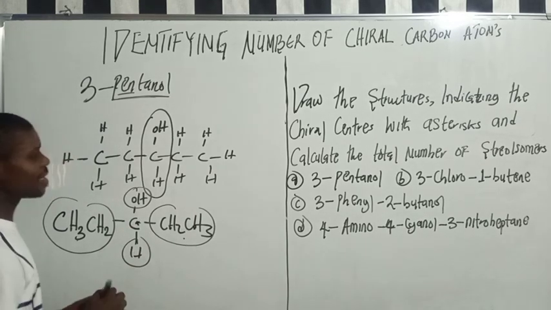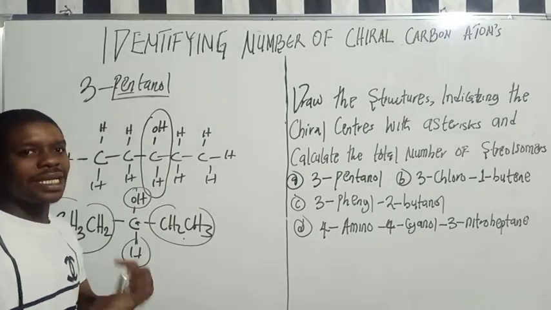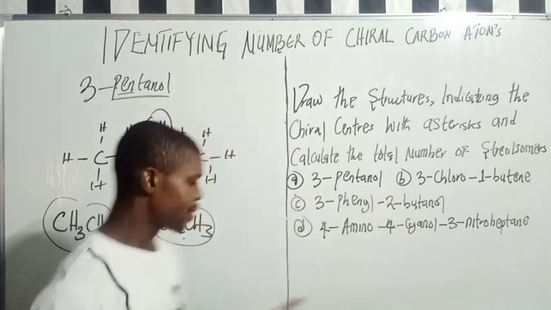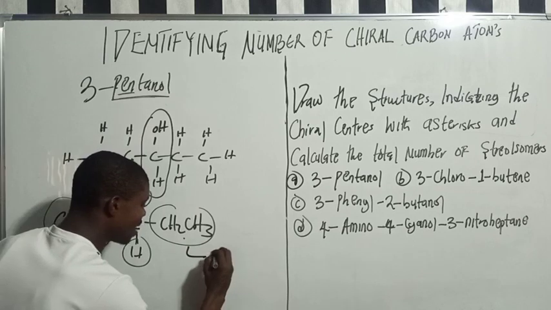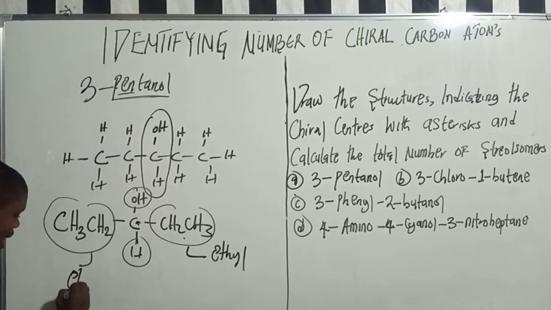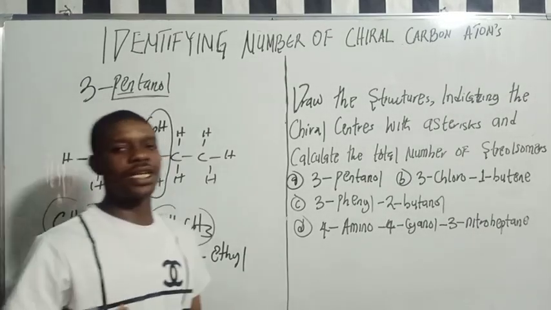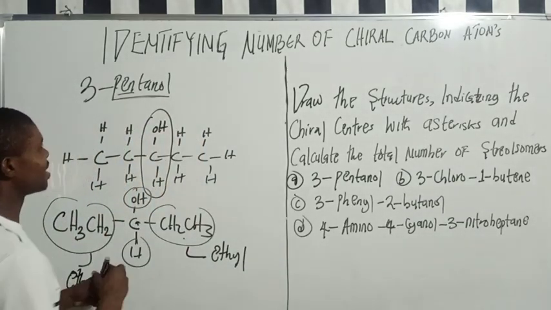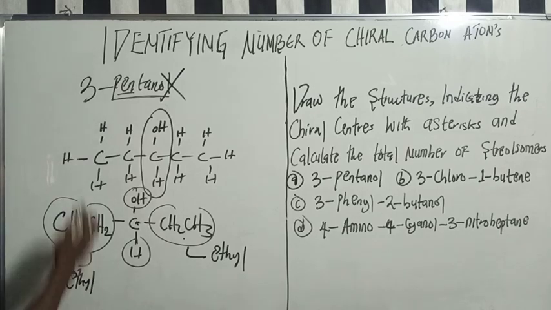It means this molecule has no chiral carbon, because it does not contain a carbon with 4 different groups. This carbon contains two ethyl groups. So no chiral carbon, and if there's no chiral carbon, there's no stereoisomer. So this one is out, and we need to wipe it out.